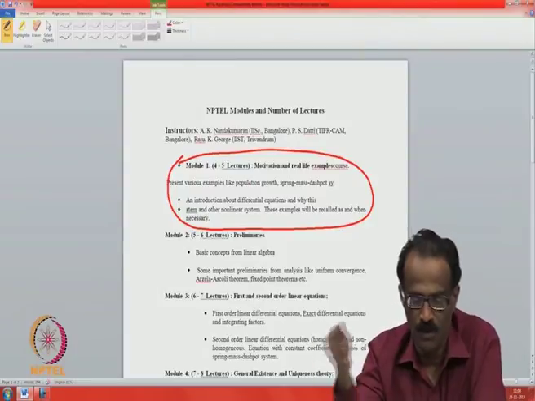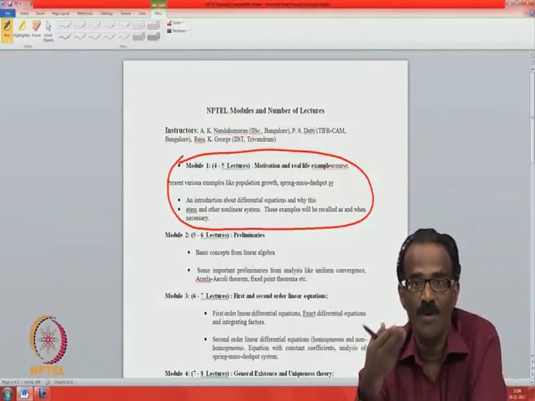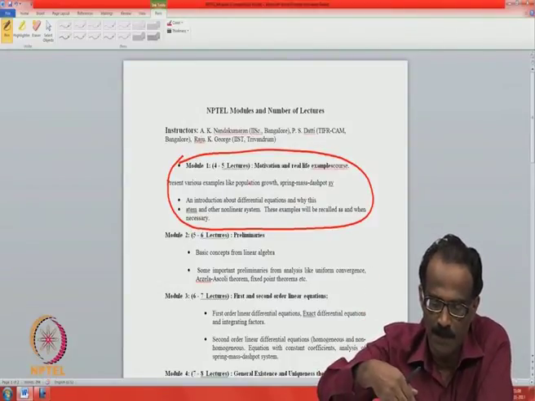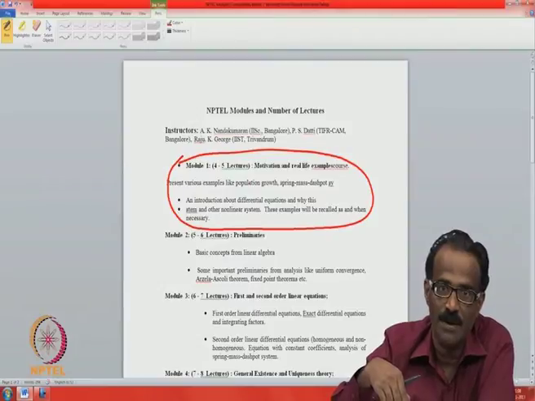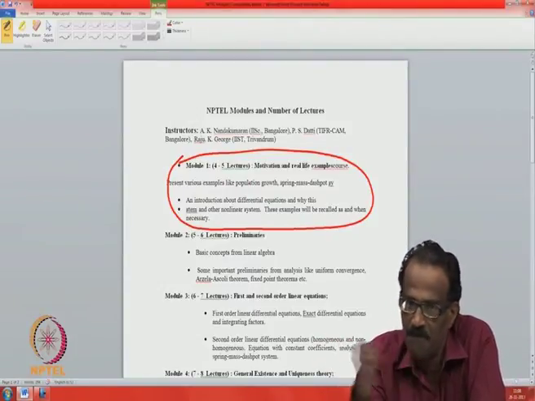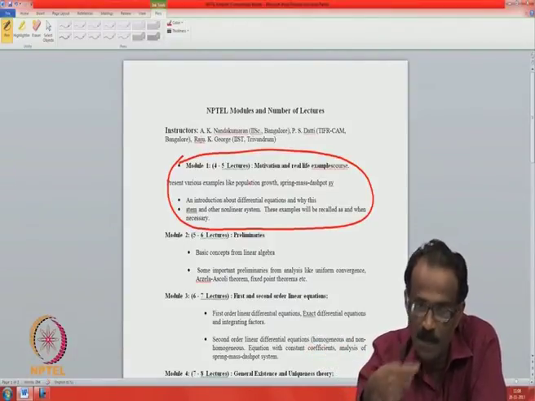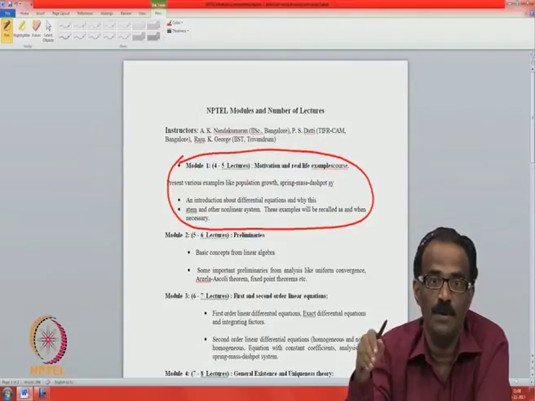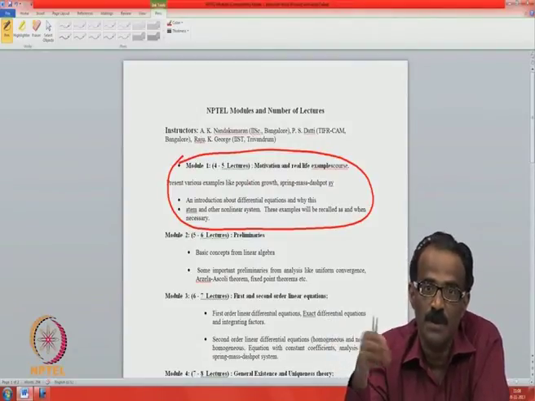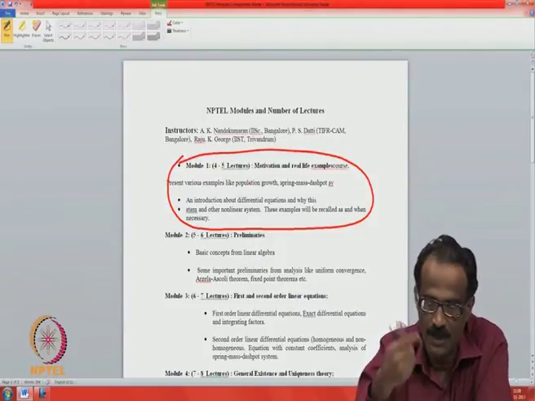Either I will give it or you will see it later, and we will recall these examples as and when required in our course. You can give examples of ordinary differential equations in every field of science and engineering, but we have chosen some classical examples. It is nothing new. Most of them are available in most of the books, but we will use those examples.